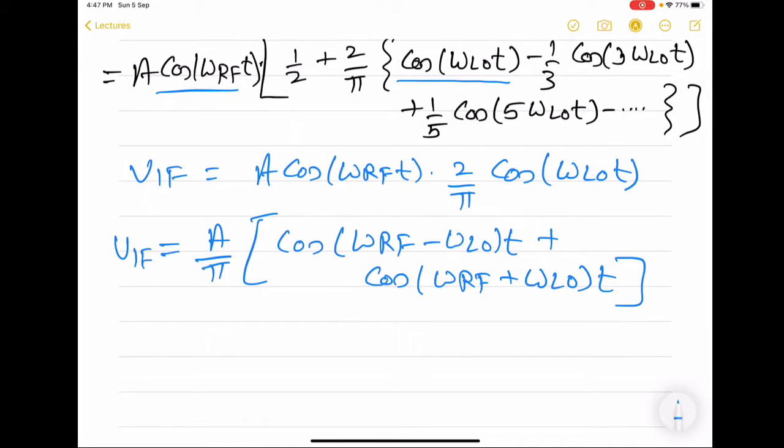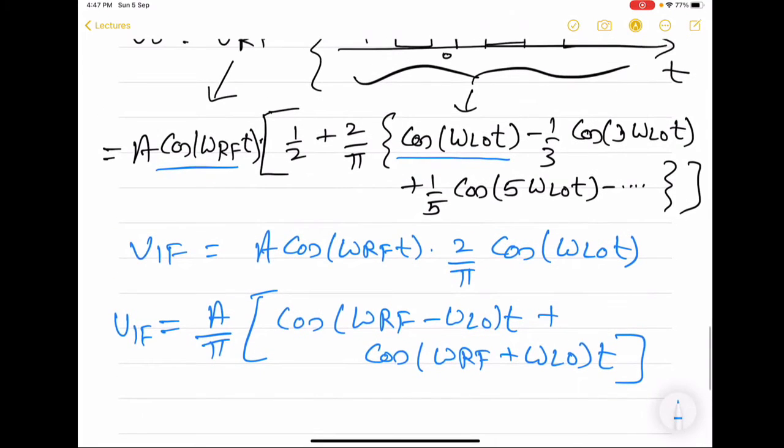So we see that the mixer using this switch is getting multiplied because RF is getting multiplied with the LO component present in the square wave, which results because of the LO.